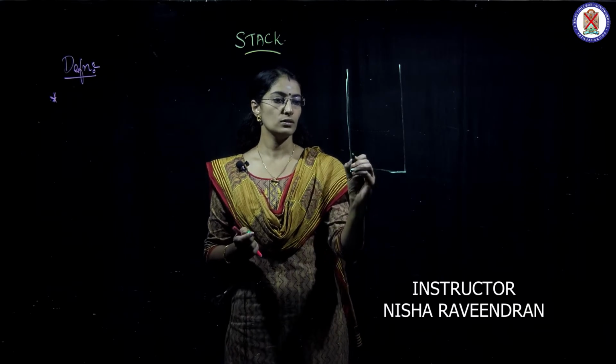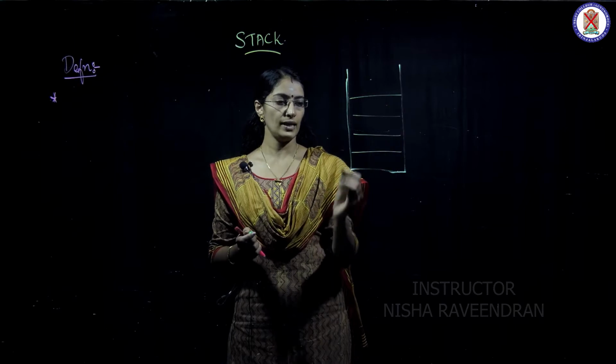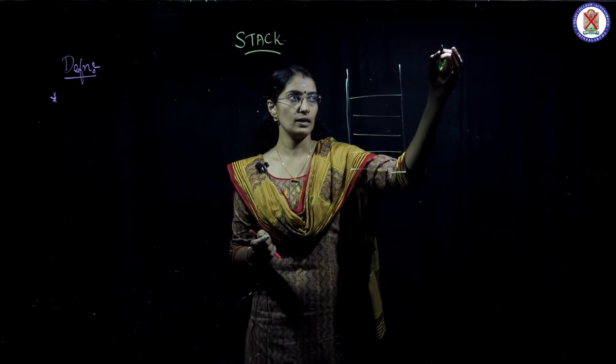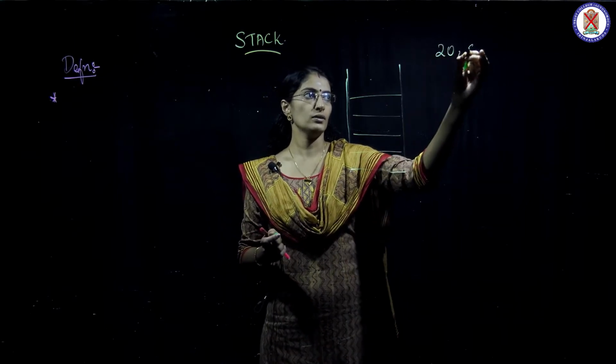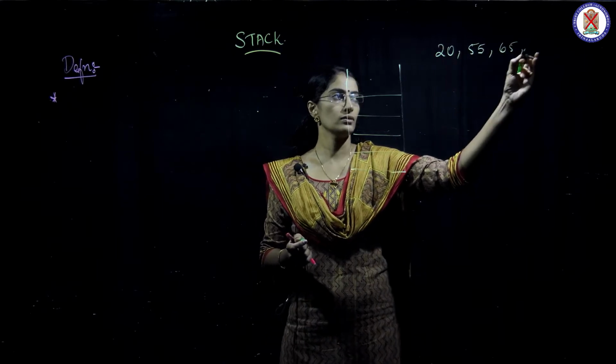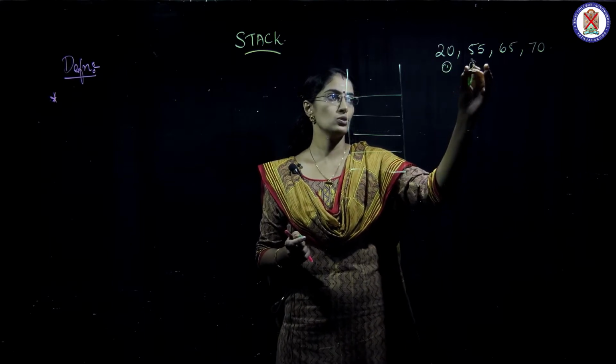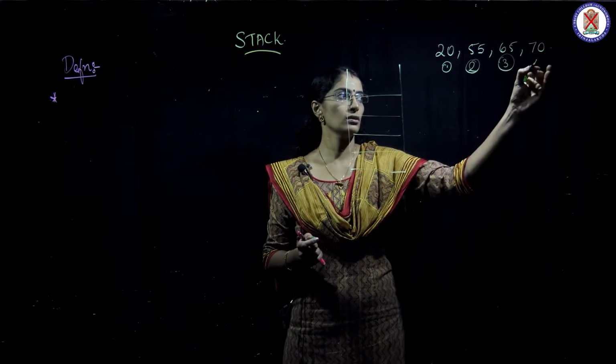Suppose these are the elements. You have here elements 20, 55, 65, 70, with positions 1, 2, 3, 4.